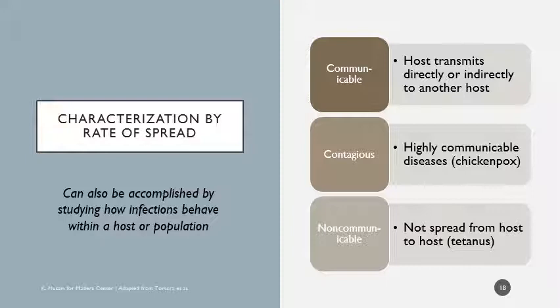Something that is non-communicable does not spread from host to host. So for example, tetanus. You can't spread tetanus to someone else if you have tetanus. You have to actually get those endospores through that parenteral route, and they have to be put into your body a certain way. You can't just spread it from person to person. Something like cancer, for example, is non-communicable.